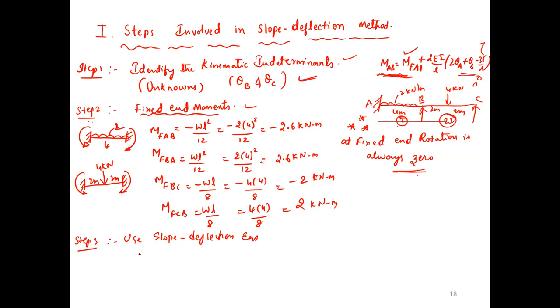MAB equals MFAB, which is minus 2.6, plus 2 EI by L, L is 4, into 2 theta A plus theta B minus 3 delta by L.